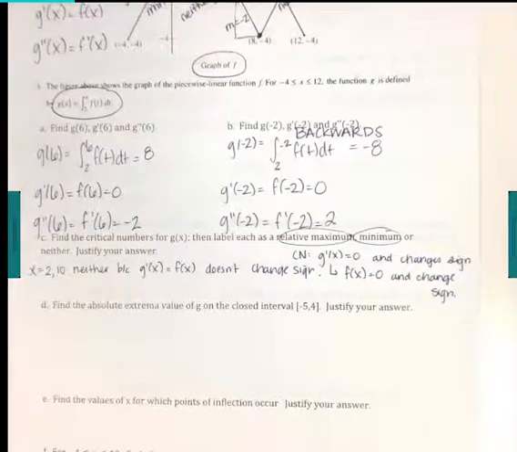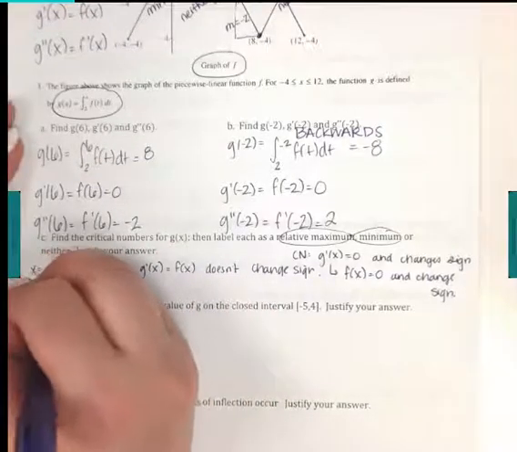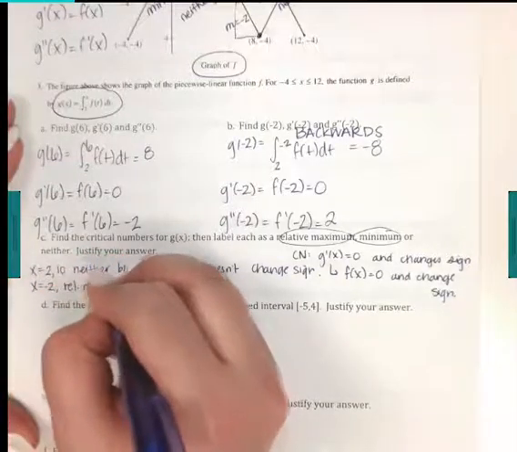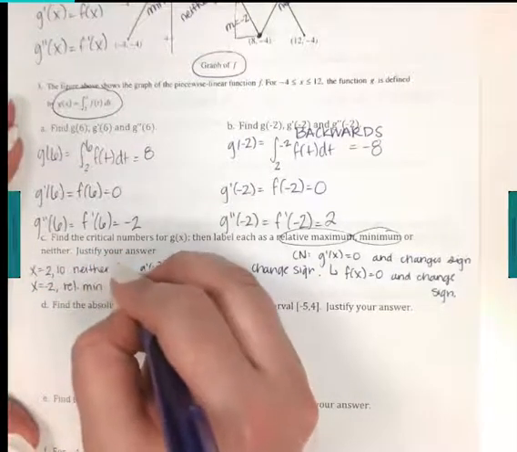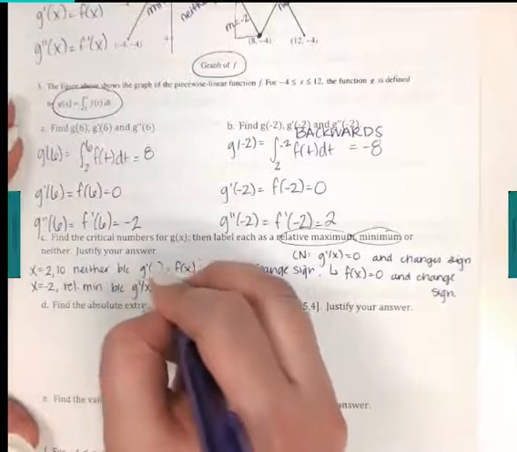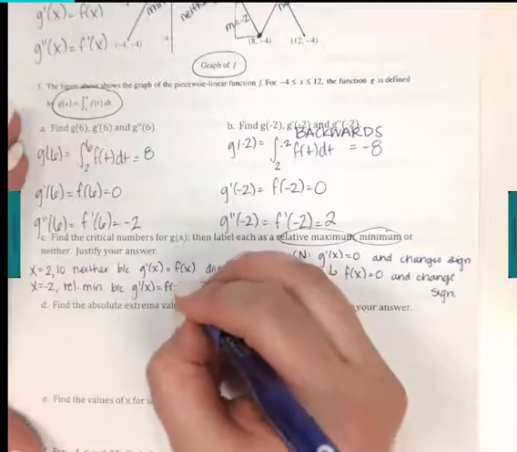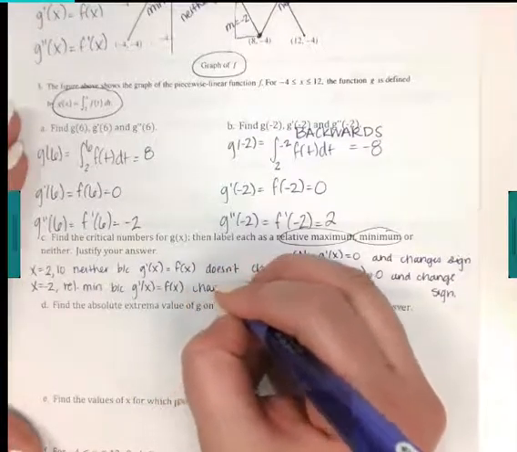Now I grouped 2 and 10 together because they're both the same type. What would I say about X equals negative 2? Okay, it's a relative minimum because why? Because G prime of X, which is really F of X, and it changed how at negative 2? Negative to positive.